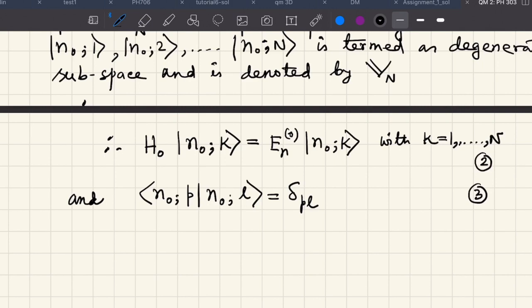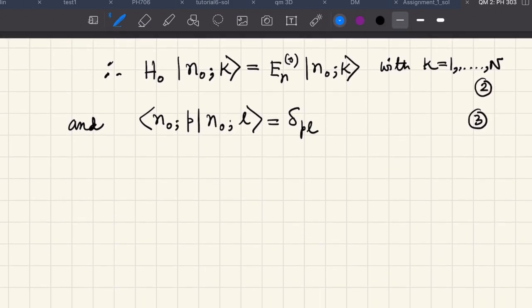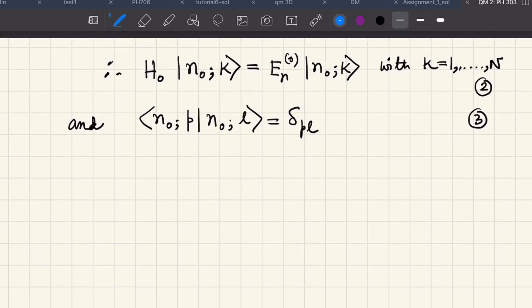Now let us come back to the discussion and ask the question: what about the total state space of the theory? We have just looked into the subspace Vn, which is constructed by choosing these orthonormal basis vectors, all having the same value of energy.